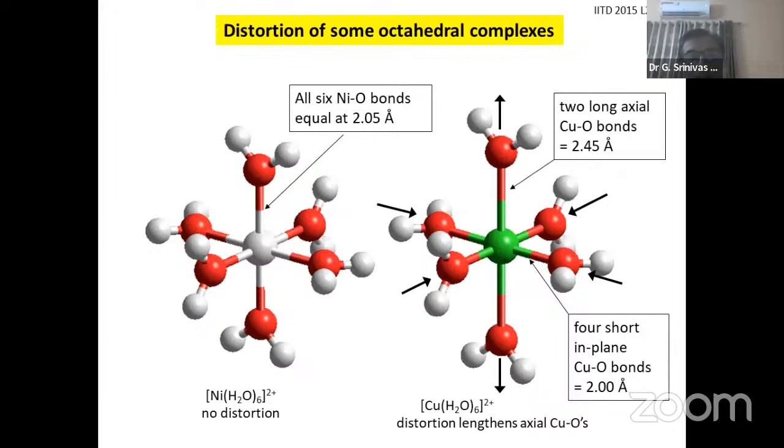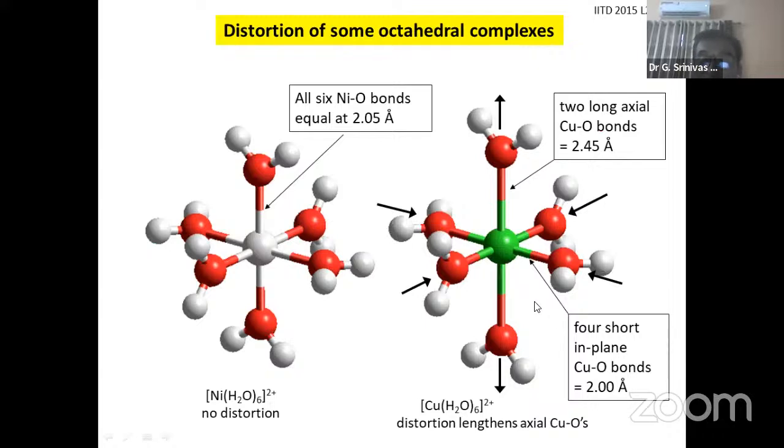So all nickel and oxygen bonds have a bond length of 2.05 angstroms, whereas in the copper aqua complex, two long copper oxygen bonds, axial, present on the Z axis, have 2.45 angstroms bond length, whereas four short in-plane copper oxygen bonds have 2 angstroms.